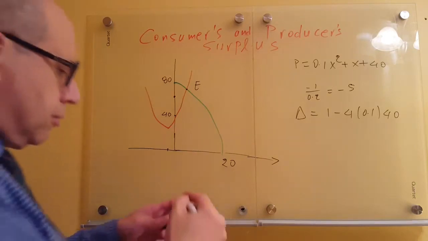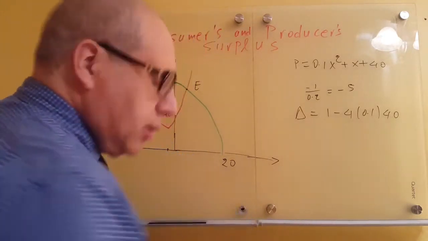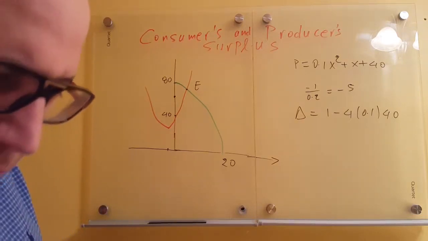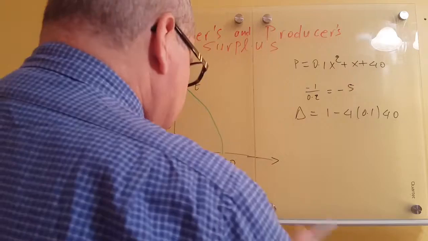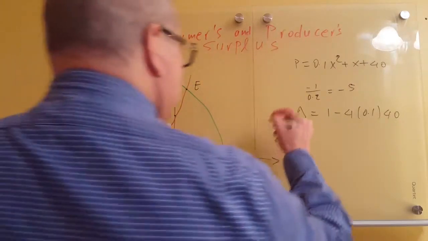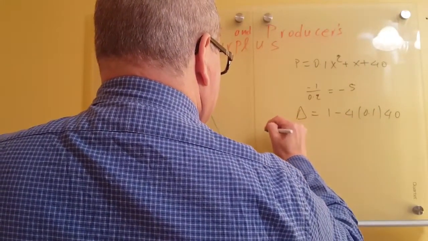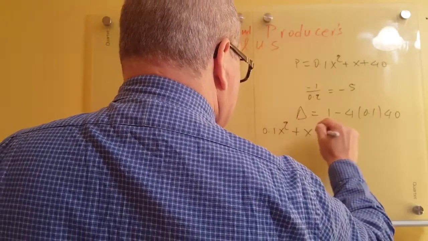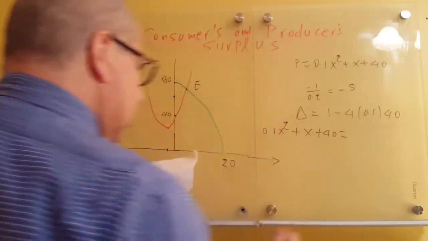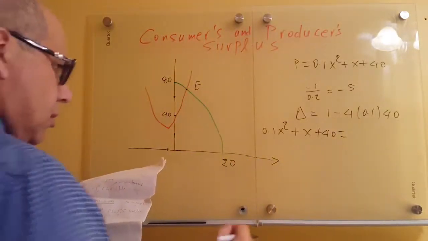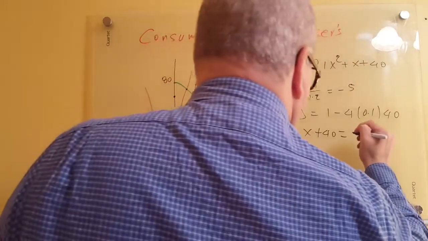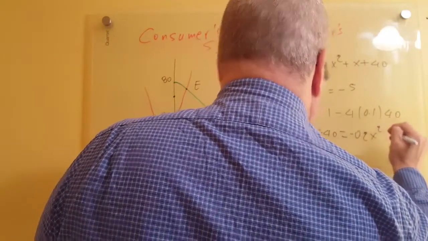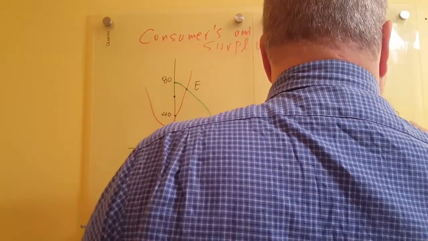Of course, now you have to equate both equations. So what do we have? 0.1 x squared plus x plus 40 has to be equal to minus 0.2 x squared plus 80.